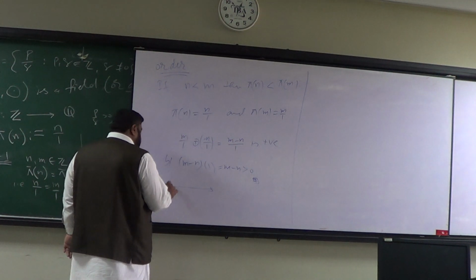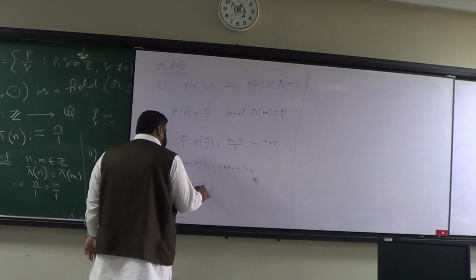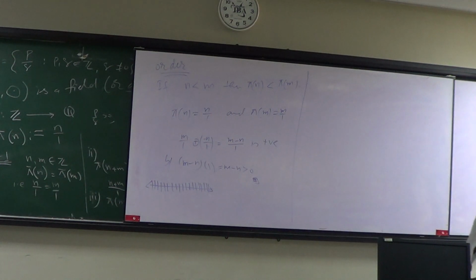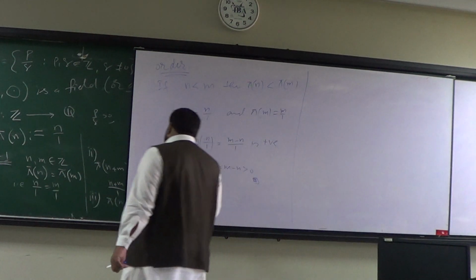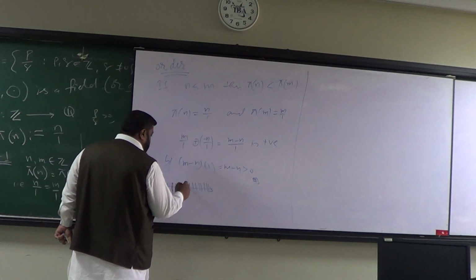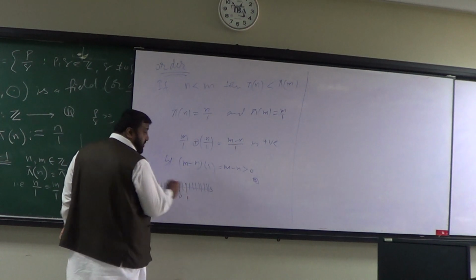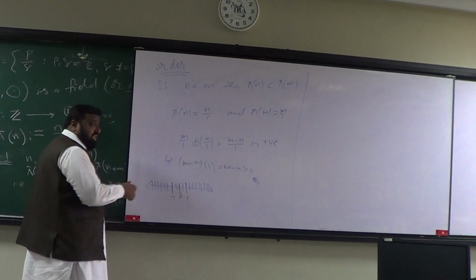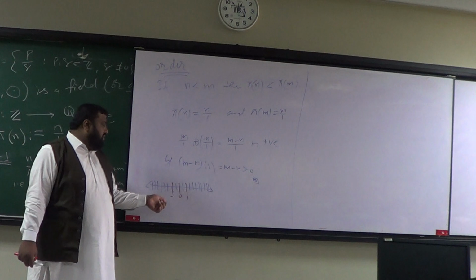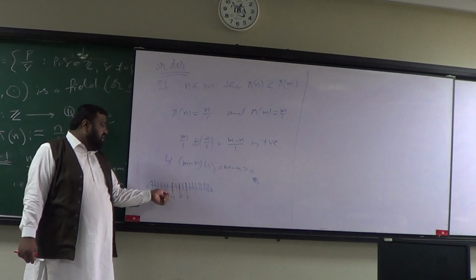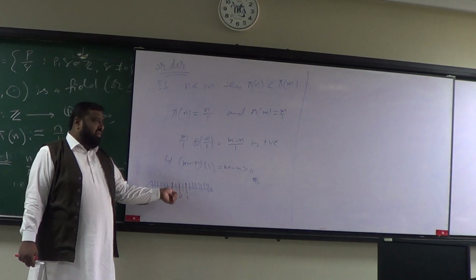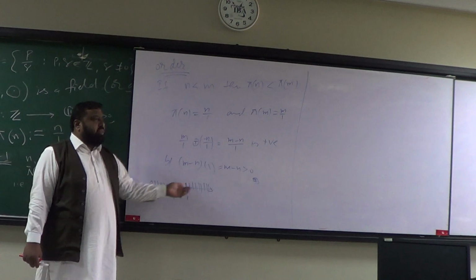We have loads of rational numbers, and also integers sitting between them. Maybe 0 is here, -1 is here, 1 is here, and so on. This line contains 0 and 1. Since we have order, we can say this rational number is on the left of -1 because it is smaller than -1. So we can have this picture.